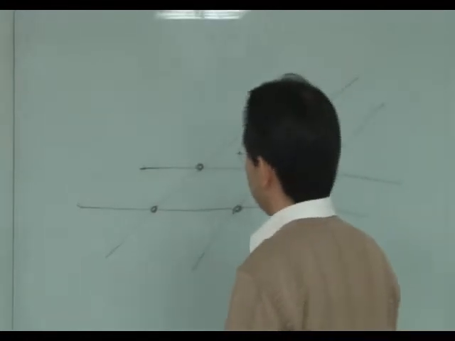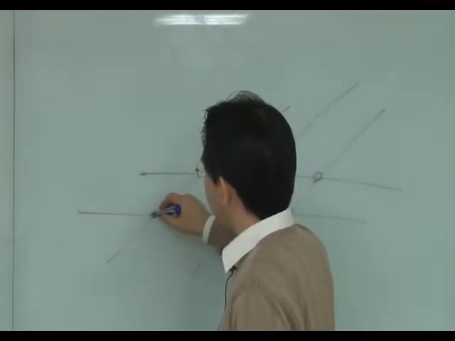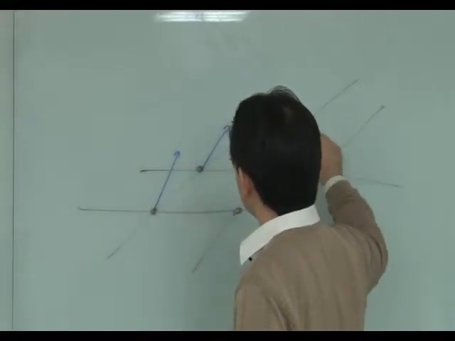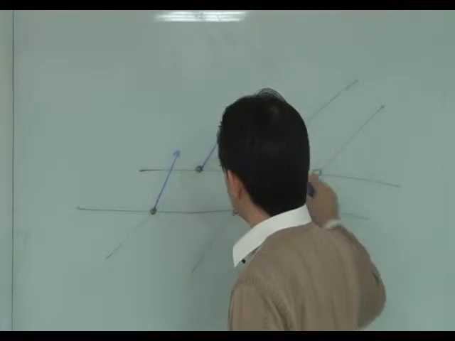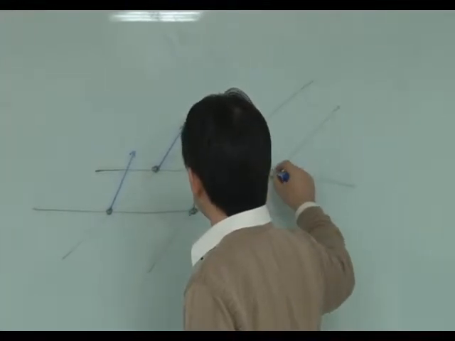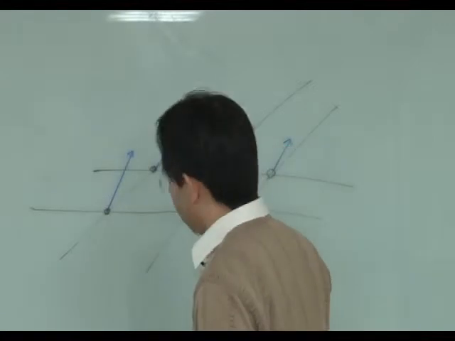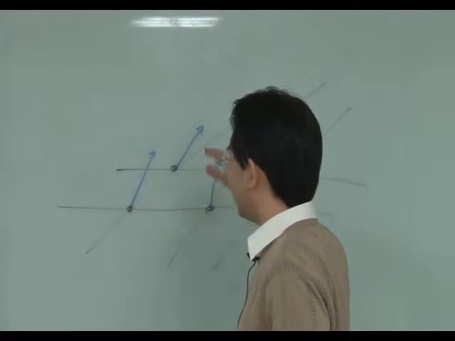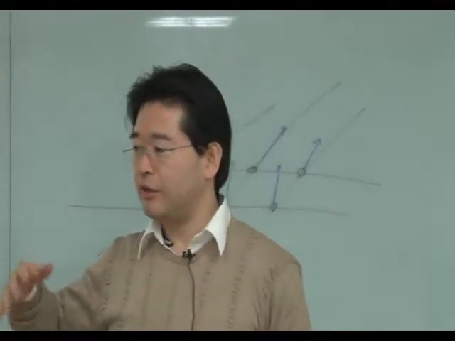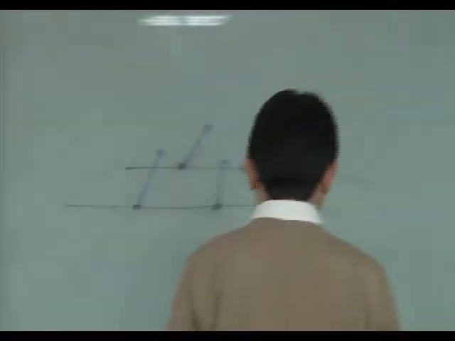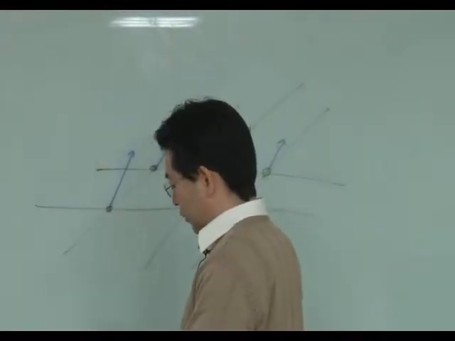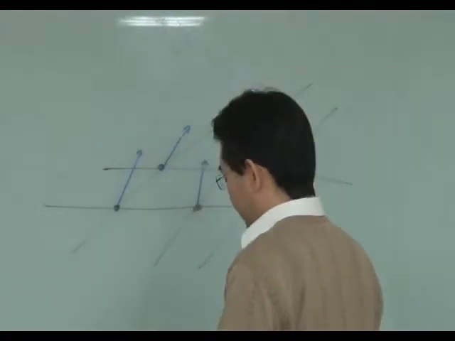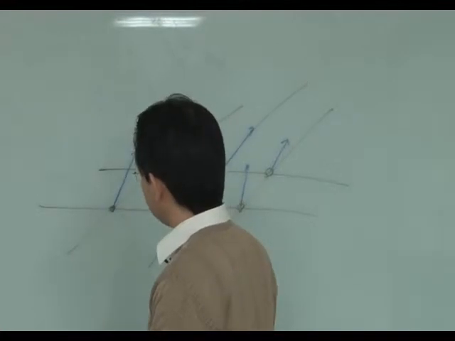And what they did is to calculate the particle motion, but if you repeat this calculation, the surface is very distorted. So what they did is to interpret the motion of these particles as vertical motion.